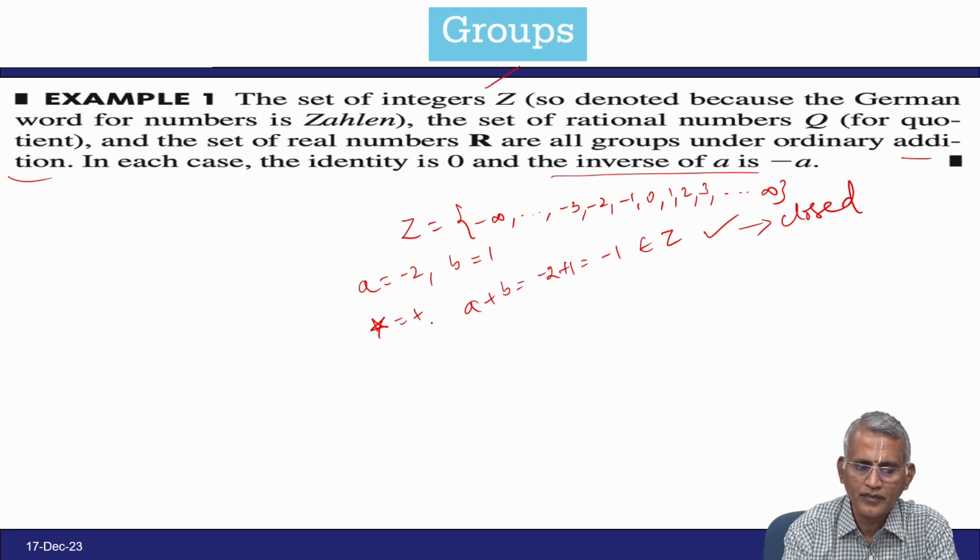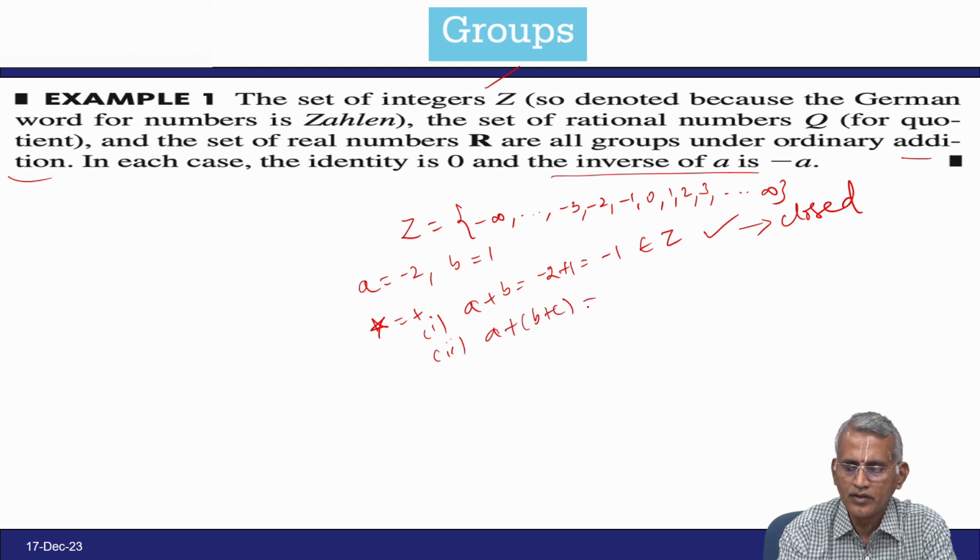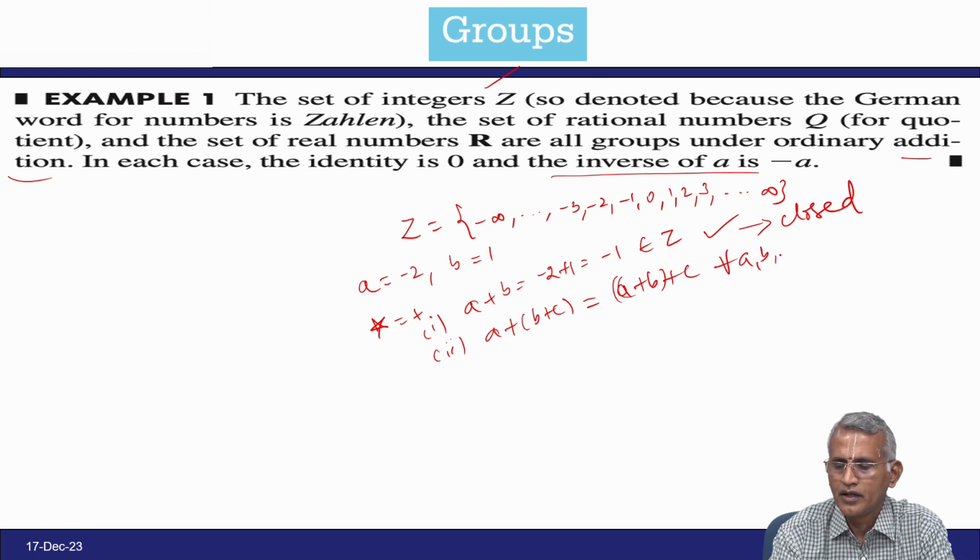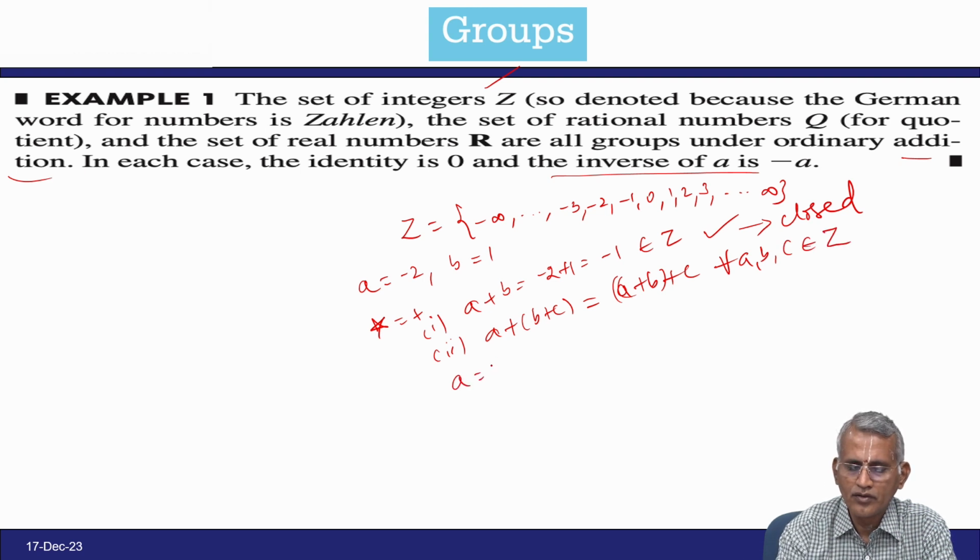Like that, you have to check each element in that set and whether it satisfies the 4 properties or not. The second one is a plus (b plus c) equals (a plus b) plus c for all a, b, c belonging to Z. Let a equal to minus 2, b equal to 1 and c equal to 2, and substitute here.